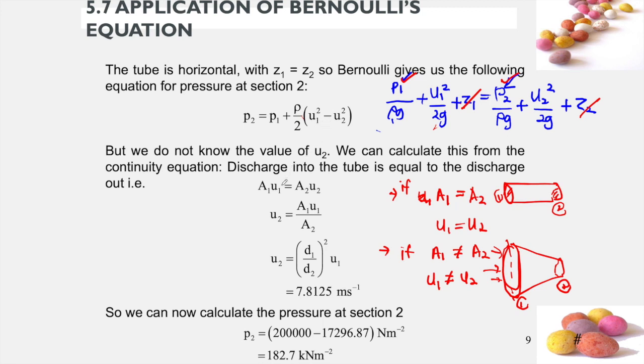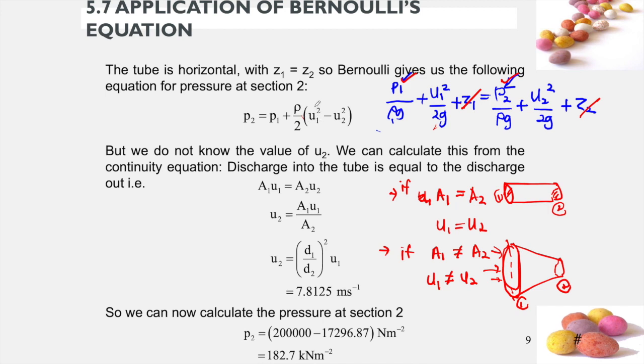Therefore, the continuity equation will remove one of these unknowns and leave one unknown for your Bernoulli's equation. You have two unknowns, P2 and U2. By using the continuity equation, A1 U1 equal to A2 U2, you will remove one unknown and be left with one unknown, which is P2. So you rearrange the equation because you want to substitute the value of U2.